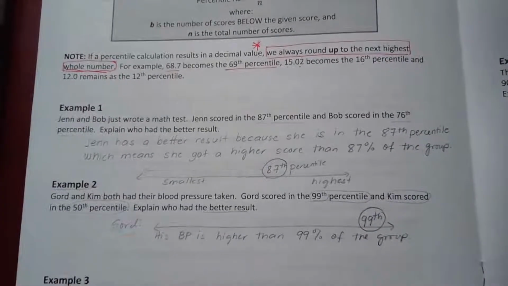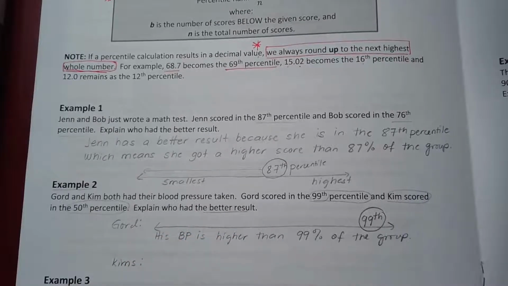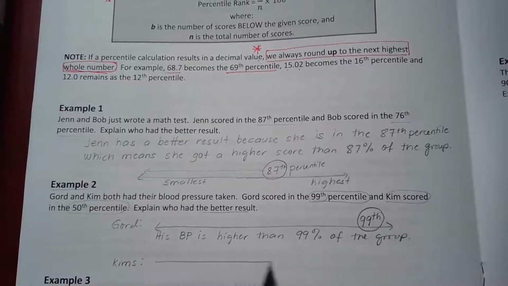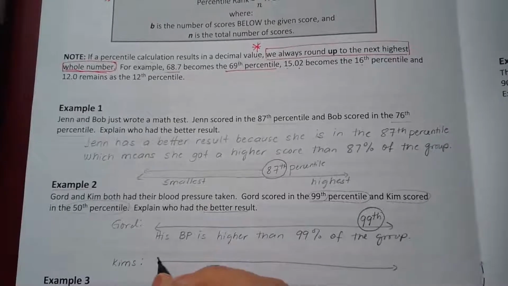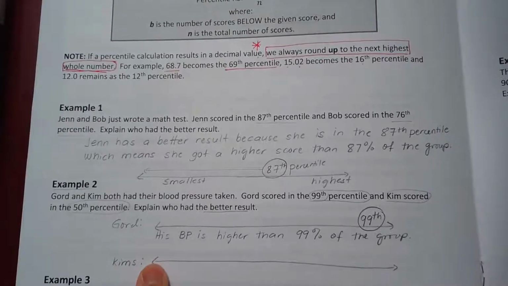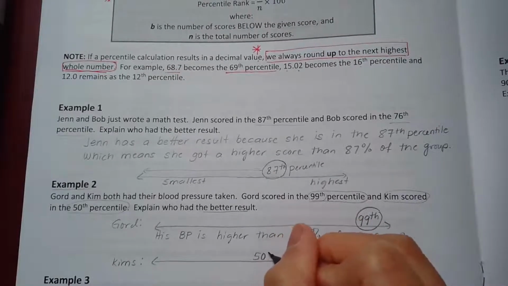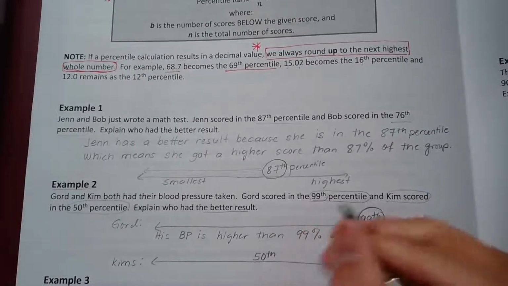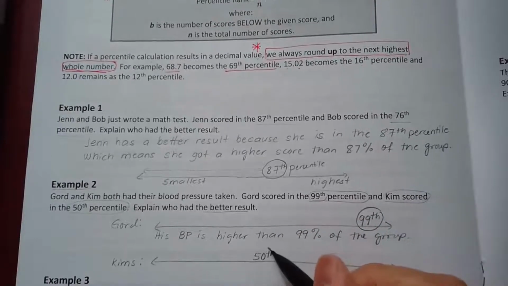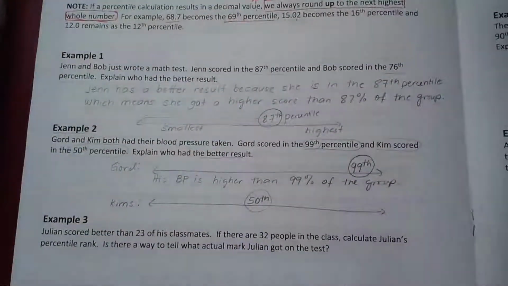Now let's take a look at Kim's. If we put Kim's blood pressure in here, again from smallest to highest, Kim's is the 50th percentile.